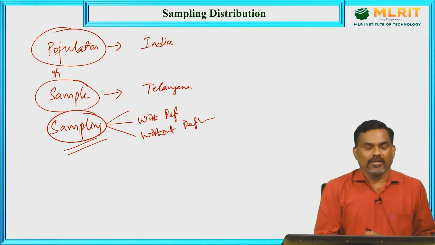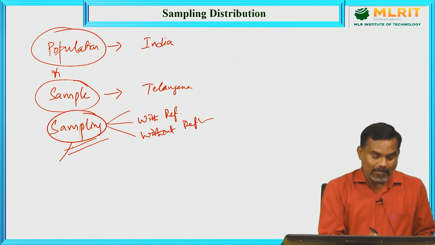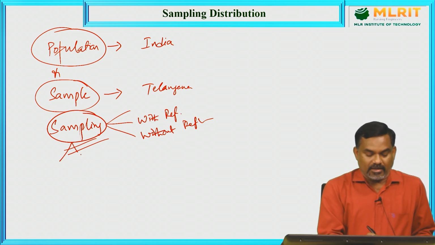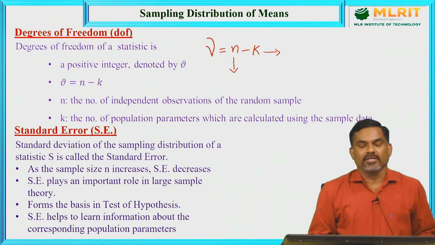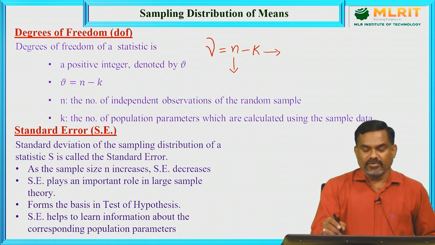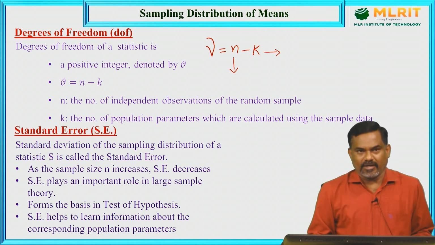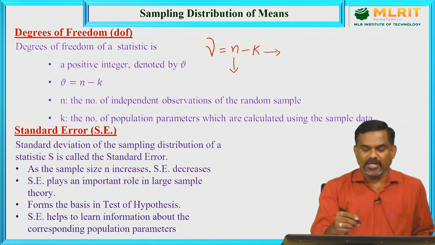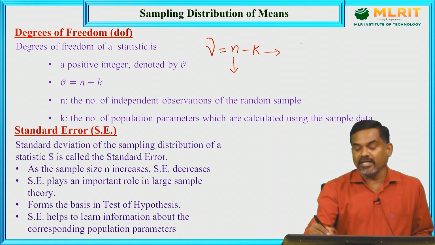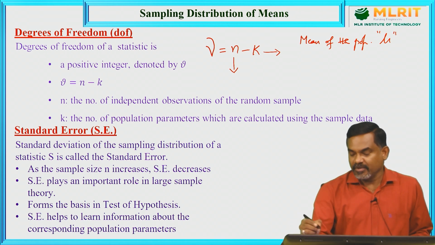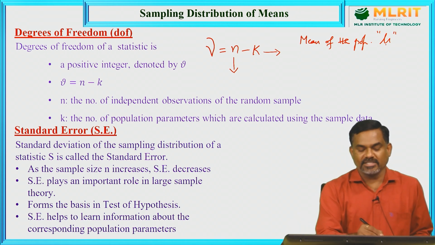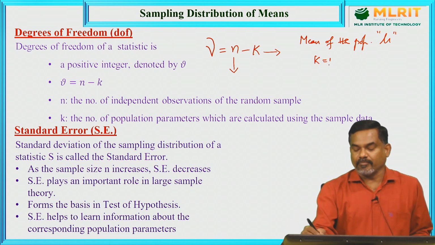and so on. And there are different types of sampling distributions, like the sampling distribution of means. And K is the number of population parameters which are calculated using the sample data. For example, using the sample data, we are estimating or calculating the mean of the population, which is mu. If we are calculating mu using the sample data, then K equals 1.